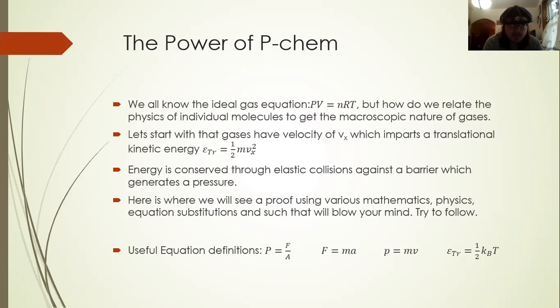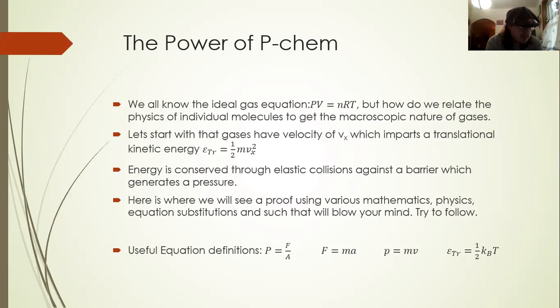We're going to focus mainly on the x direction, because when all directions are equally important, it's easier to just focus on one to simplify this down.